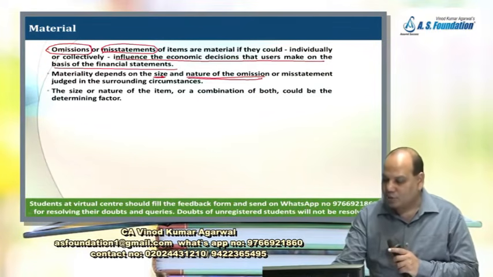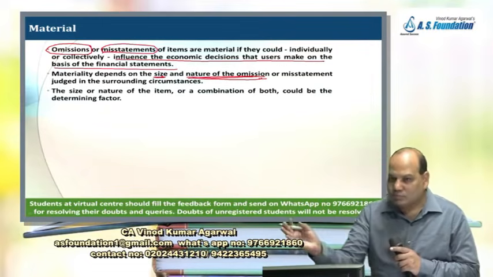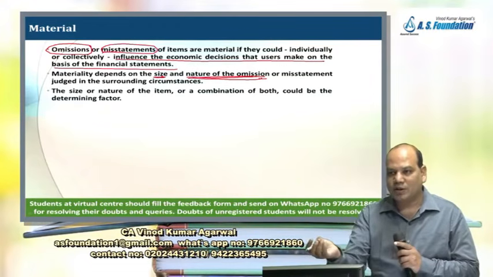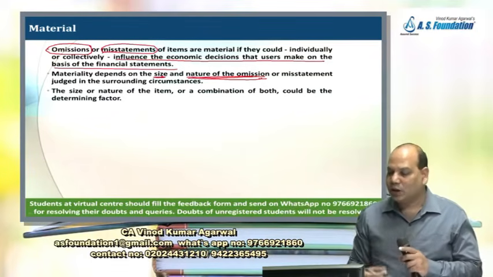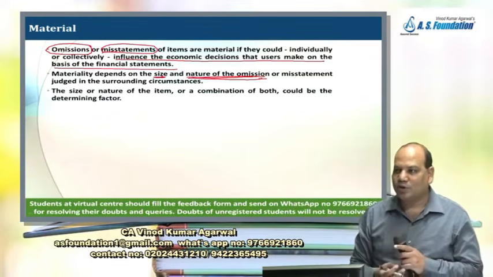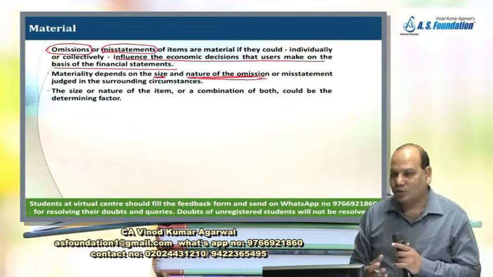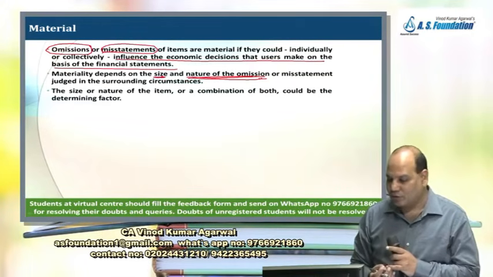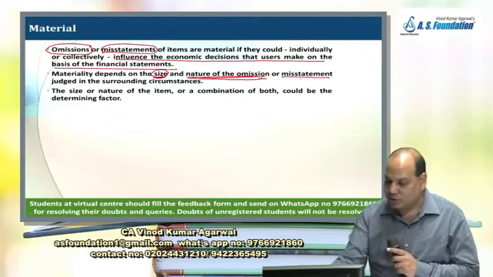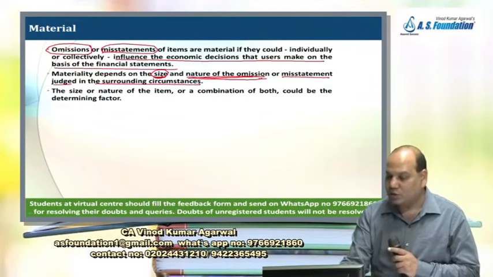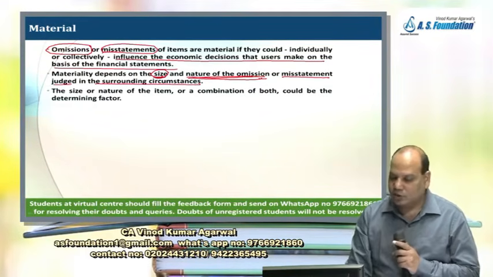But if a small employee in the stores steals 1000 rupees worth of certain thing and the company's turnover is 1000 crore rupees, it may not be that material that you need to put a separate note on that in the notes or in the balance sheet or P&L account somewhere. Materiality depends on size, what is the amount, nature of the omission or misstatement, judged in the surrounding circumstances. So it depends on what is the type of mistake, what is the type of item.